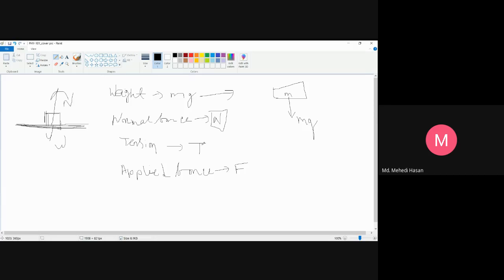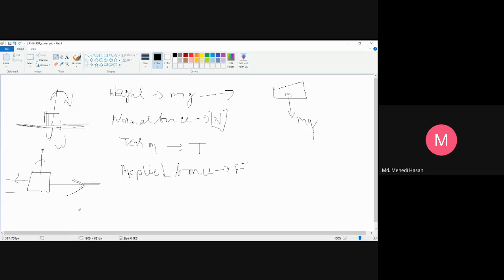And tension is involved when the object is attached with a string like that to suspend the object, or if we just attach a string or particular thing to this object. Then the force directed away from this object, along that direction, is called the tension.